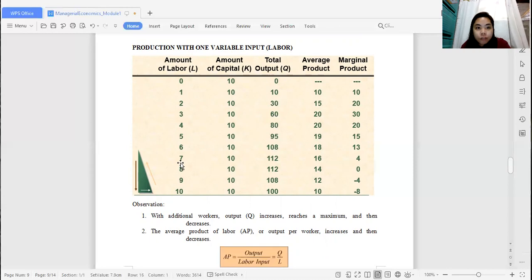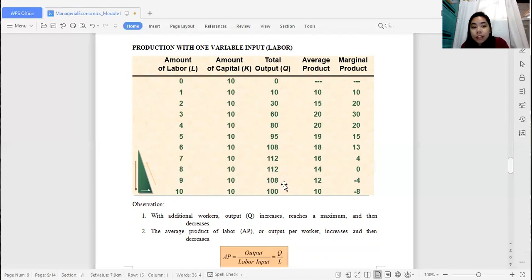If we have 7 units and 8 units of labor, we can produce 112 units of output, which is the maximum, and then it decreases. So from 7 and 8, you produce the maximum. However, if you keep adding labor, we can observe that the number of units produced decreases.